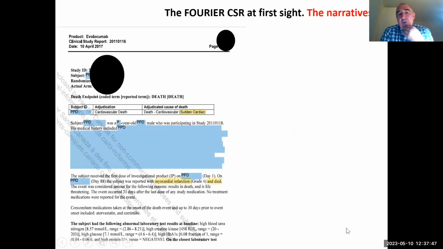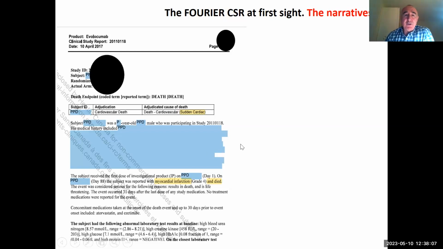And then we can take a look at the narratives. The narratives are a briefing of the clinical record of the patient. In this case, this is all about deaths, death narratives.